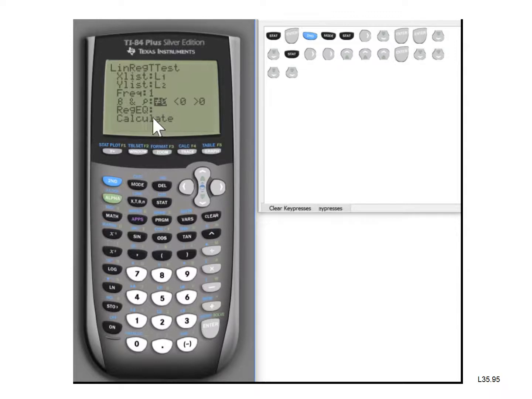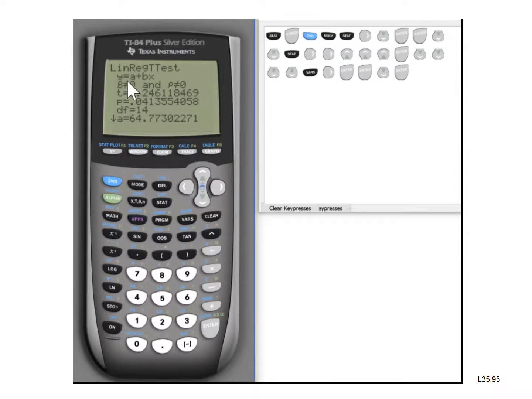However, if you put y1 here, and you can find y1 by going to Variables, Y Variables, Function, y1, what that will do is, when it computes the regression equation, it will copy and paste it into y1 in your Y= menu. That can be a useful thing. And I'm going to go to Calculate and hit Enter.